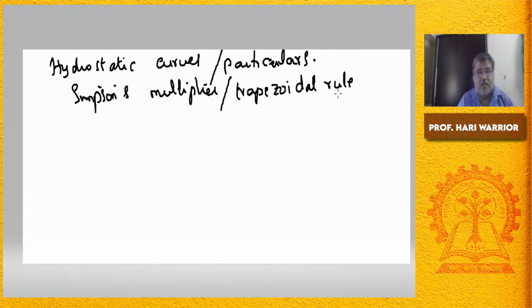So these calculations of hydrostatic curves, particulars calculations, are performed using the integration using Simpson's multiplier and or the trapezoidal rule. Either of those are used to calculate the hydrostatic particulars, hydrostatic data. Now, the first thing that comes up, I told you, is the water plane area.